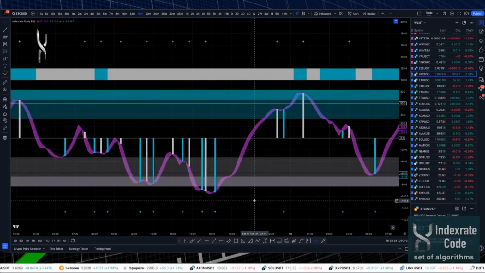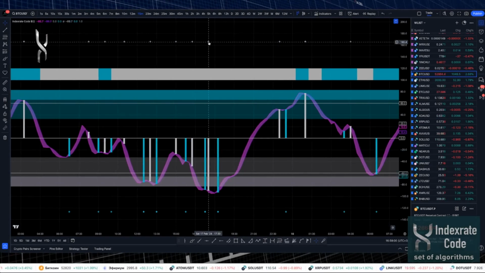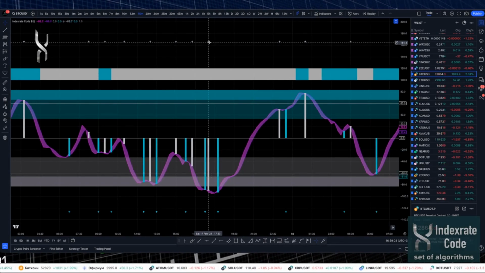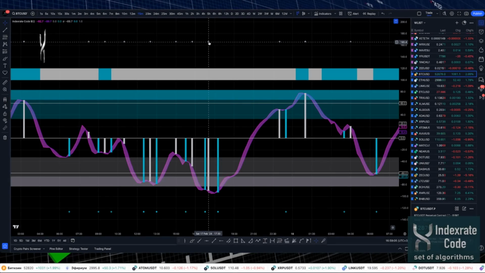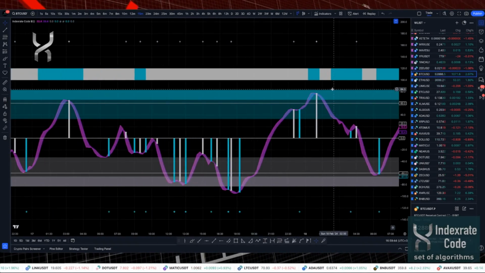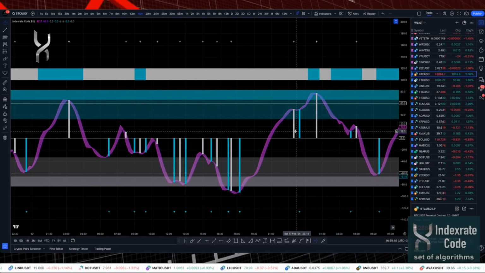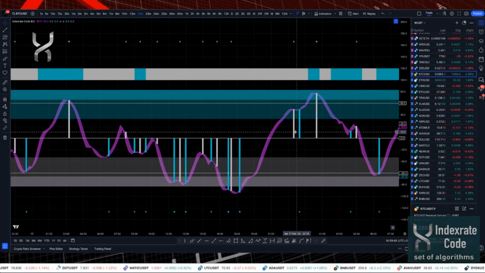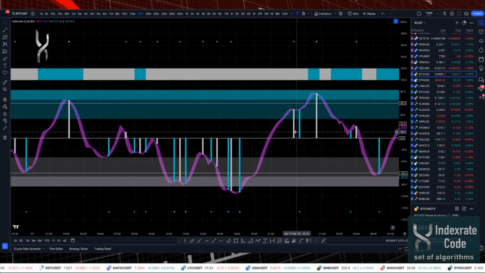And I draw your attention to the fact that the short symbol is shown at the top. If a cross is shown, it means that the momentum wave has not passed the 60 mark in this movement. If the cross is highlighted, it means that the momentum wave in the opposite direction has not crossed the 60 mark.